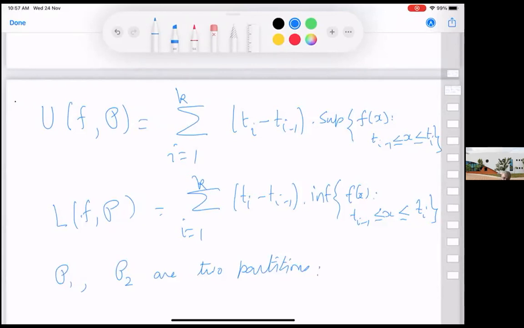Suppose the first and last are A and B, and this is some S0, S1, SM. S0 is A and SM is B. Okay. Then we can generate a partition P such that P1 is contained in P and P2 is also contained in P. P is sometimes called refinement of these two partitions. We can always get one.